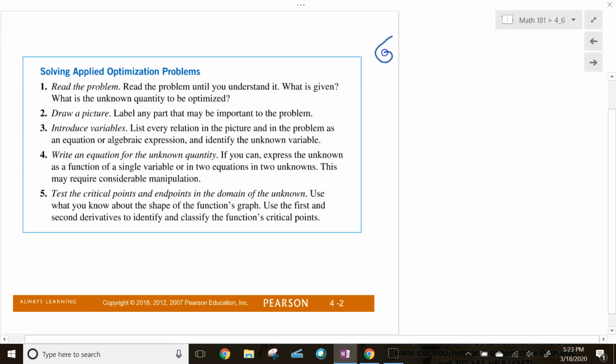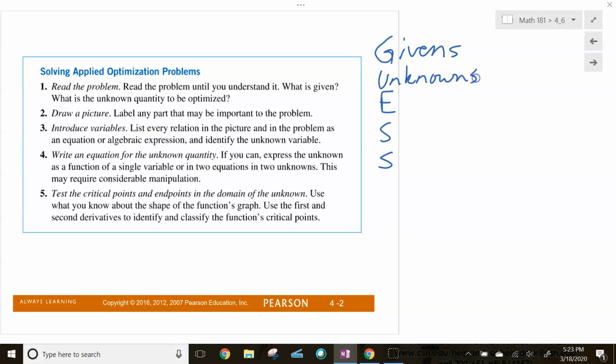So when you're doing these applied optimization problems, it's always good to guess. This is a general way to approach any story problems: evaluate what your givens are in the problem, identify what your unknowns are, what you're looking for, and identify any equations involved, whether they're given explicitly or just implied.